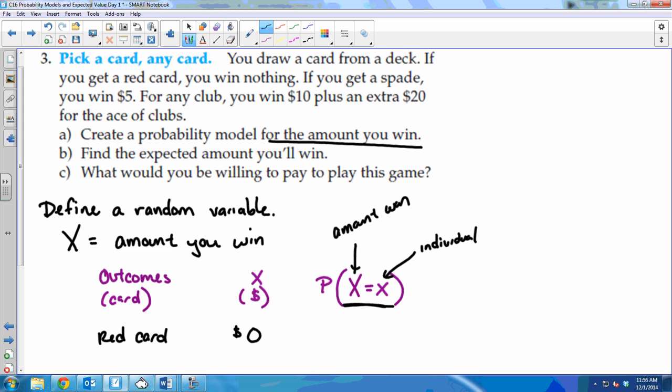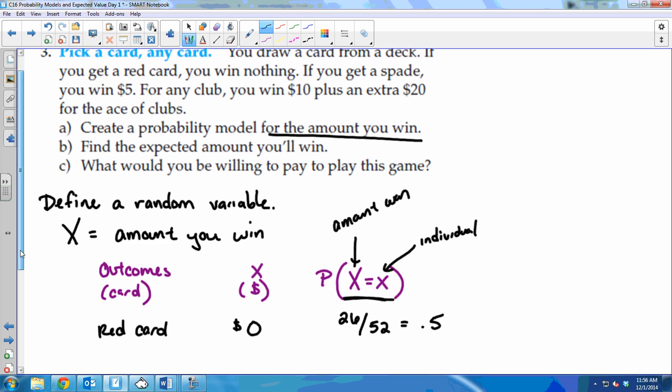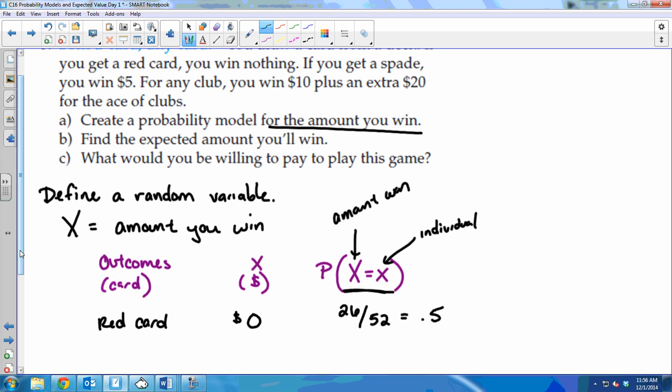There's 26 red cards, right? Out of 52. Doesn't matter. Decimal or fraction form, whichever works. For what you're going to do later, you might want to have a decimal form. Everyone got that? Okay.